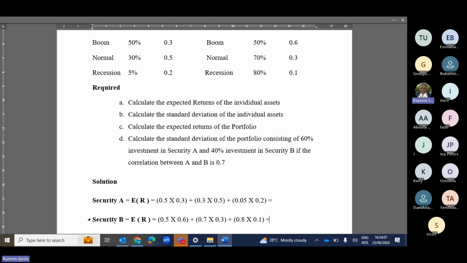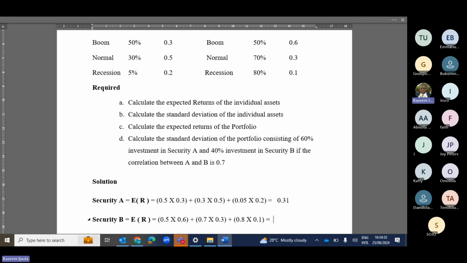So can you guys give me the answer? Fast. I'm not with my solution here, I'm just solving it, so let's hope we don't make mistake. Plus this one is 0.05 times 0.2. I got 0.31. Hope I'm correct for this one.